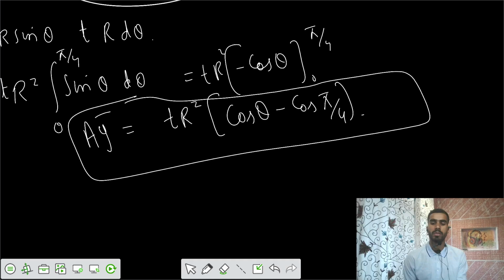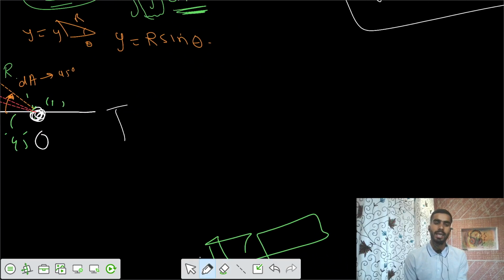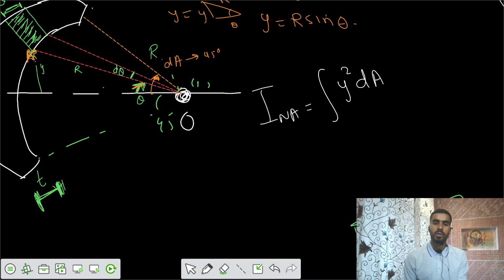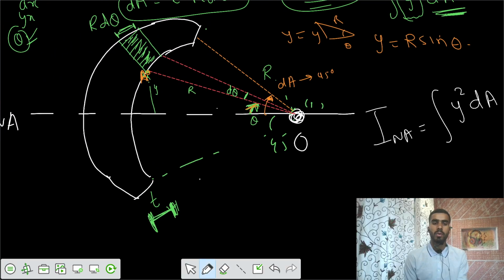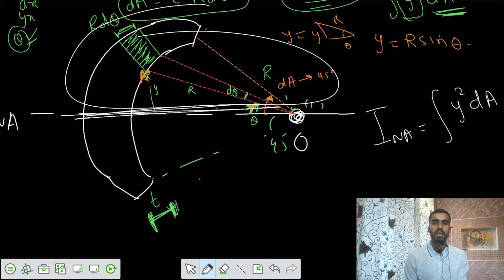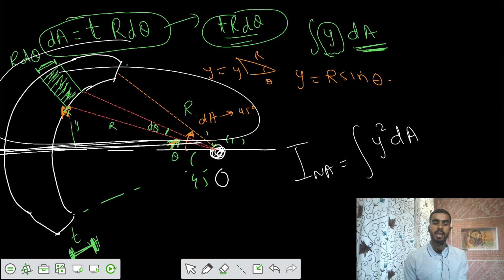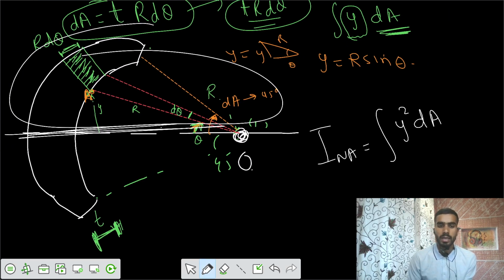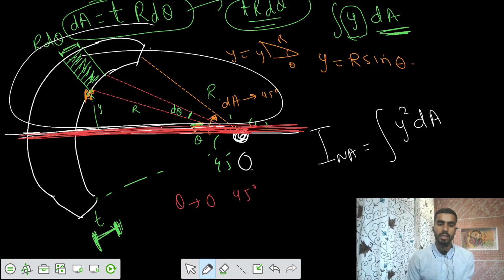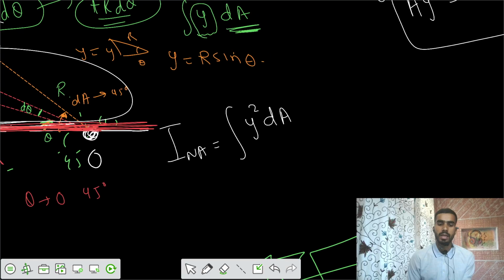Now we need to get the second moment of area. The second moment of area is I about the neutral axis, that is the integral of y square dA. About the neutral axis you have symmetry. We know the values of y and dA, so we have to take the limits. Now, for the moment of inertia about the neutral axis, your theta goes from 0 to 45 degrees, and it's the same on both sides, so we can say that your theta goes from minus pi by 4 to pi by 4.